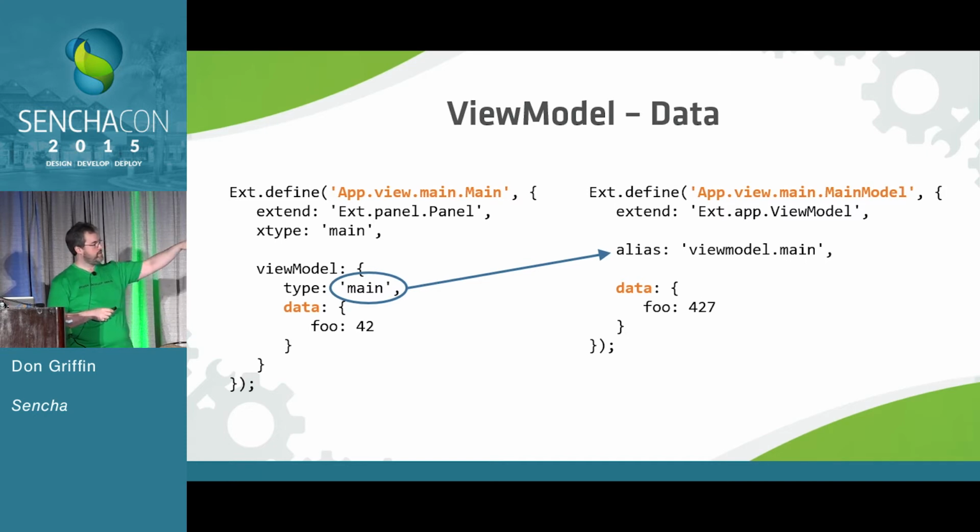We take an alias, say viewmodel.main, and then the type on the left is the suffix, and that creates that instance on the right. So you can see here we've defined data on both sides, and just like any instantiation, the value from the point of instantiation is going to win. So this view is going to have 42 for the value of foo, but anybody that would create this without overriding that would have gotten 427 for the value of foo.